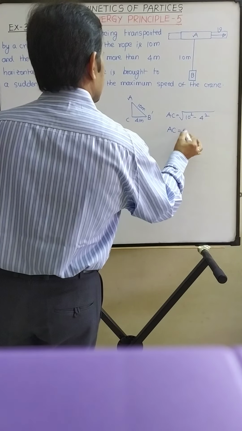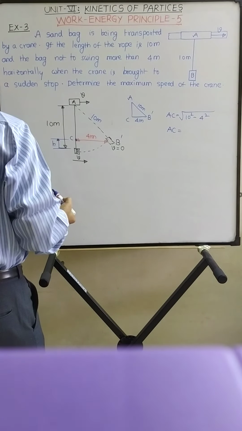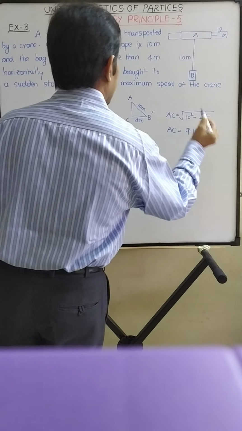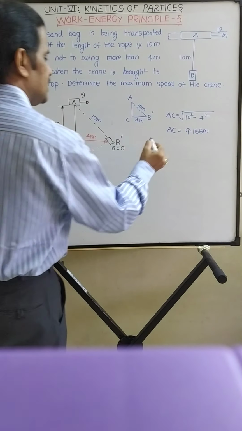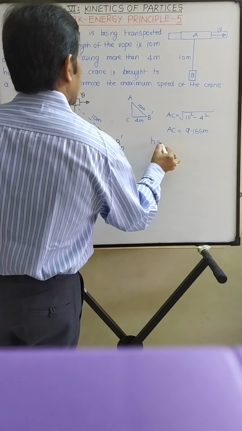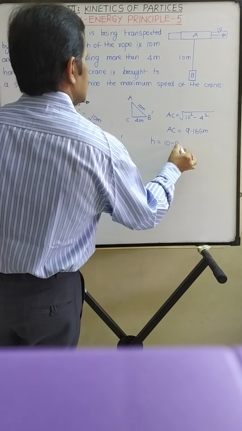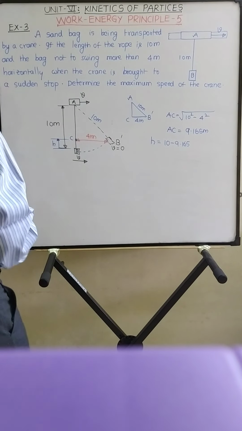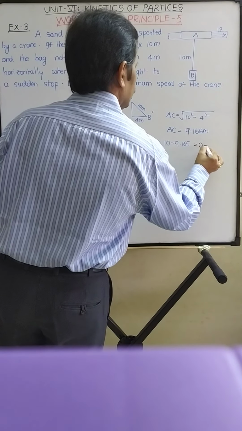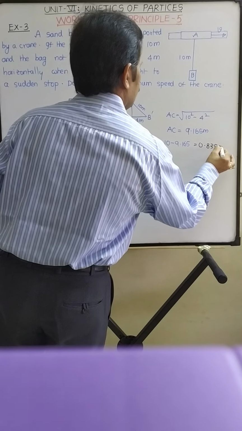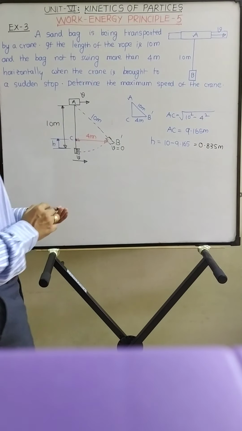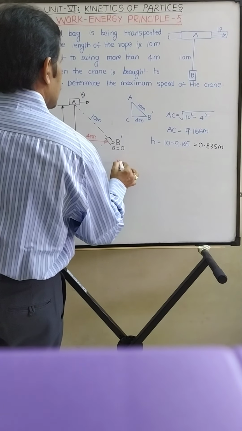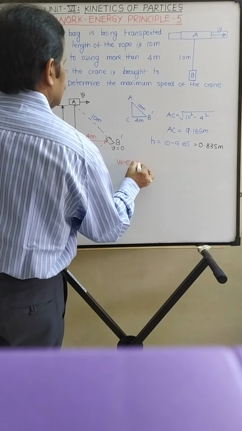So you are going to get AC as 9.165 meters. So the vertical displacement h is equal to 10 minus 9.165, that is 0.835 meters. Right.